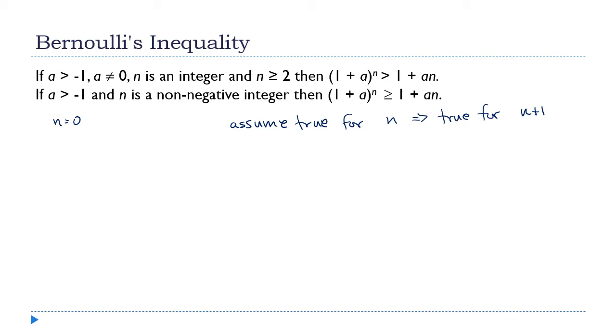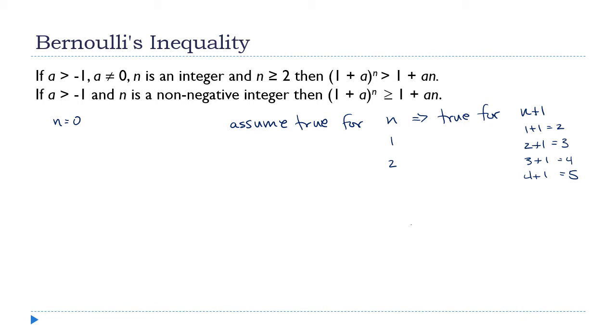And here's why. If I know that it's true for 1, then I've shown it's true for 1 plus 1, which is 2. But if I know it's true for 2, then I've shown it's true for 2 plus 1, which is 3. And so on, 4, 5, whatever integer you need, you will eventually get to it in this chain.